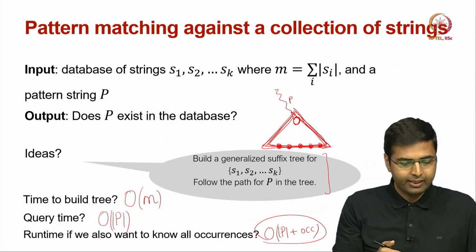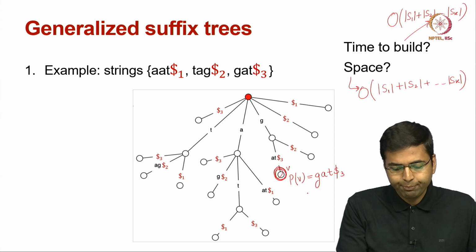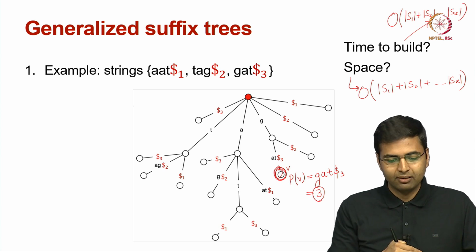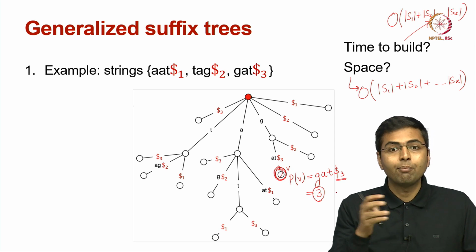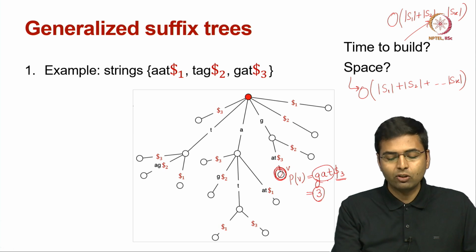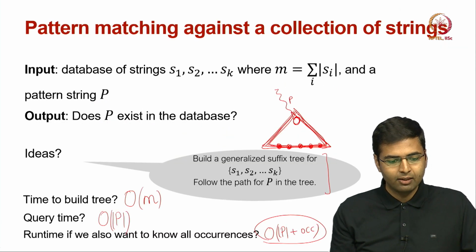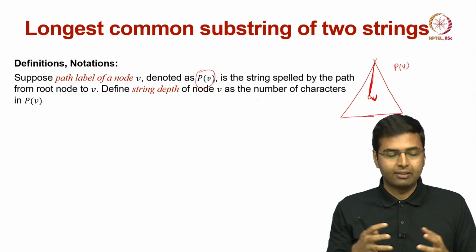Going back to this example, the string depth of this node is 3, because there are 3 characters along that path. If you also count the dollar symbol, then it will be 4; along that path it is 3, and if you look at the entire string, it is 4. So, string depth is the number of characters along that path.